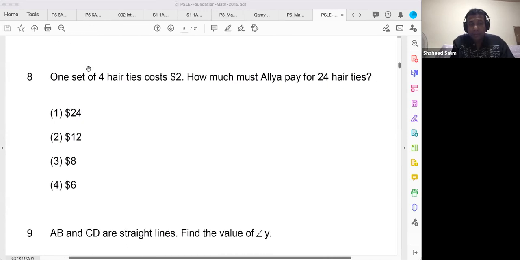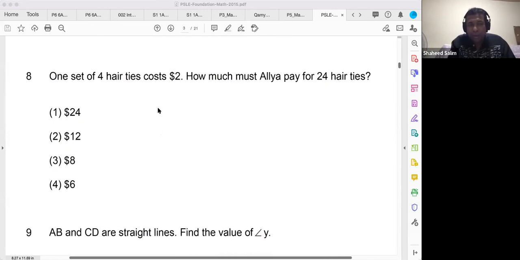Let's see. Okay, one set of 4 hair ties. So the 4 hair ties cost $2. Alia must pay how much for 24 hair ties?